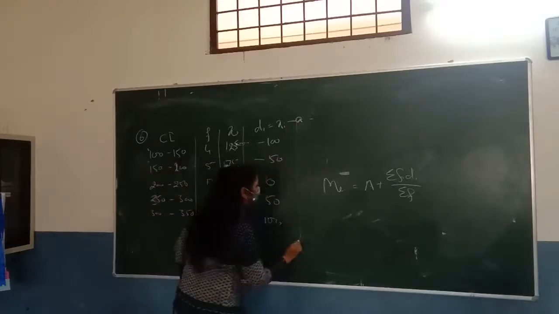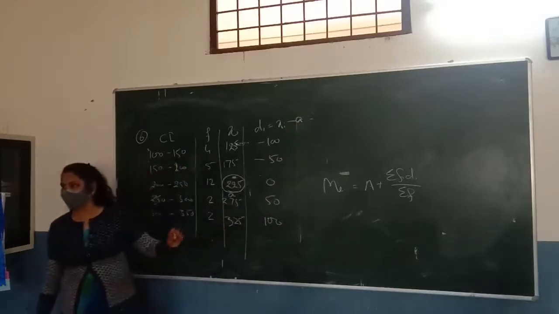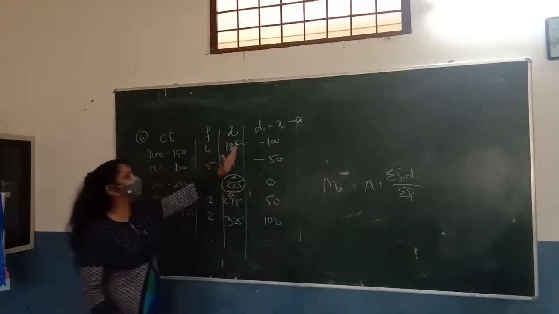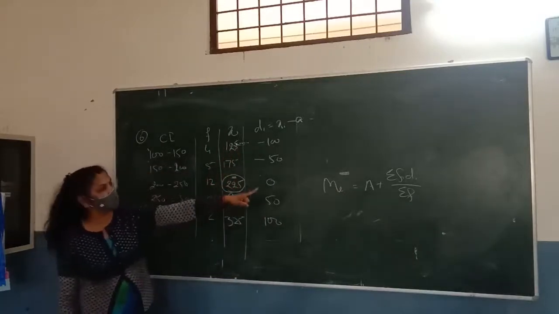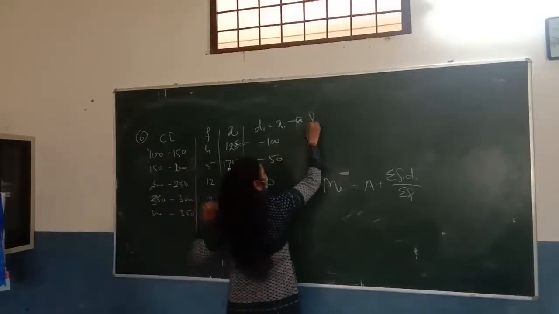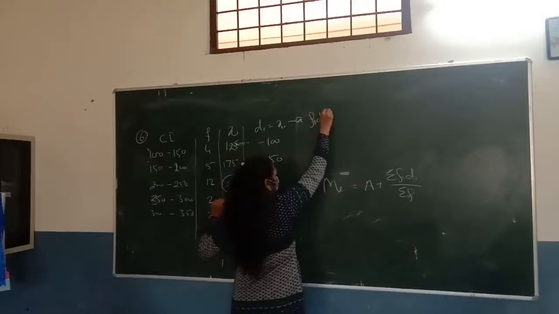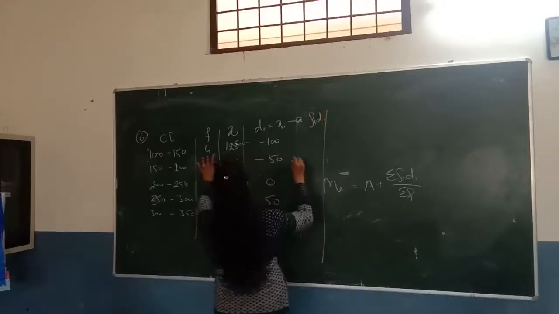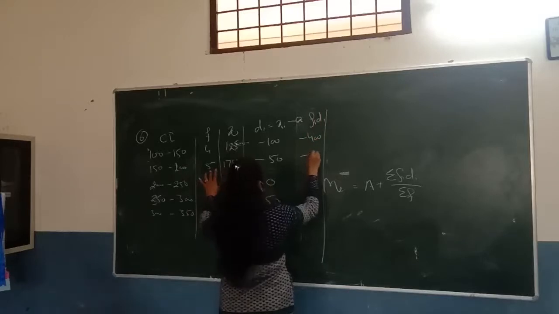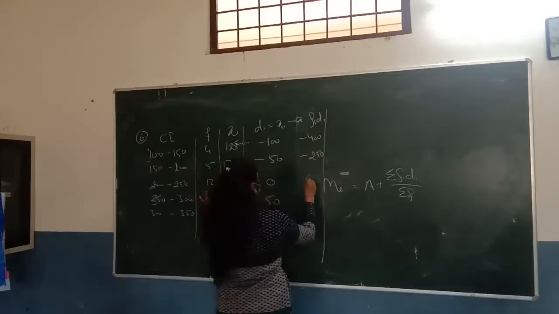So this is called the di, deviation. Then we multiply the frequencies with the di to find the fi di. By multiplying these values: minus 400, minus 250, 0 will be 0, 100, and 200.